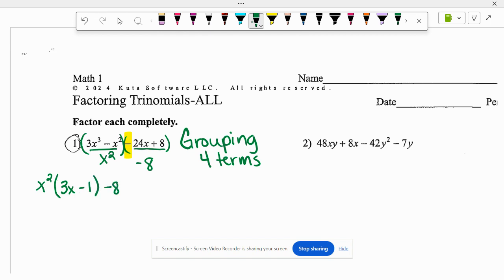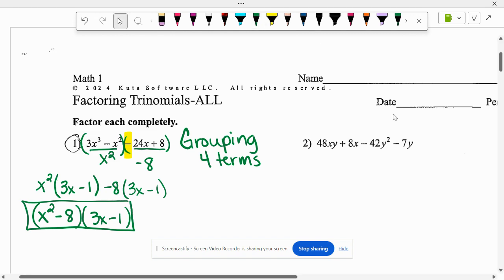Then I'm going to take out my negative 8. Negative 24x divided by negative 8 is a positive 3x, and a positive 8 divided by a negative 8 is a negative 1. So the GCF plus the GCF is your first term. The second term is your twin.